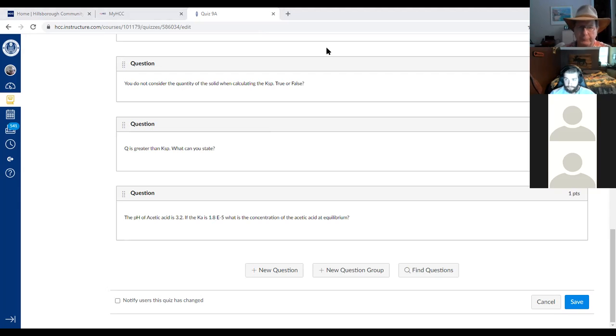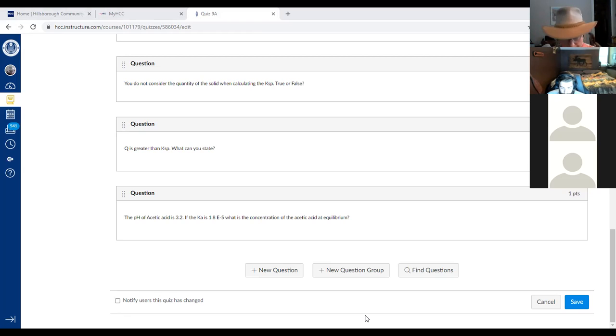All right. So, okay, it's asking for the acetic acid at equilibrium. It is an ICE diagram, and I got to copy the information down. Since acetic acid is a weak acid, we would use the general HA plus H2O equals H3O plus A minus, right?